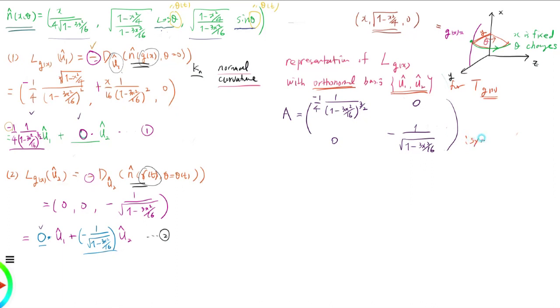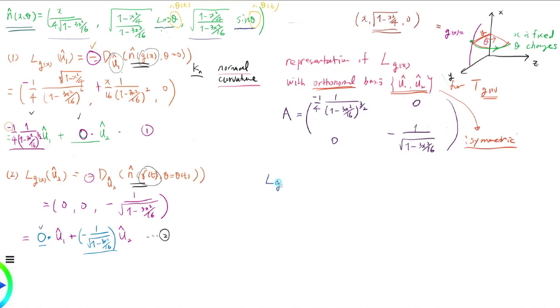Here we have a symmetric matrix representation. This is because we have used orthonormal basis. Okay, this is why, because they are orthonormal.